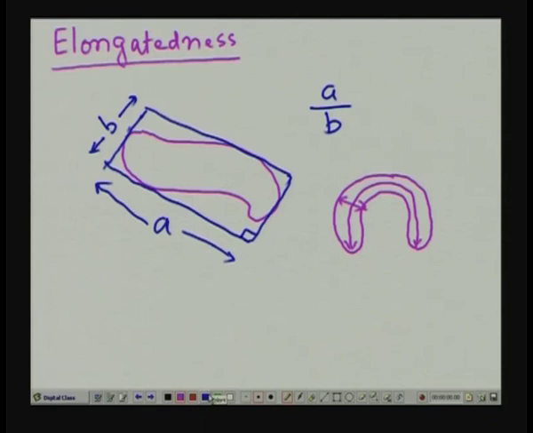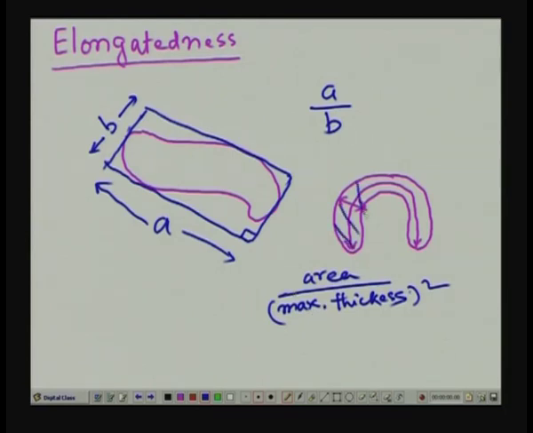It is defined as area by maximum thickness square. So, I find out the area of this curved region, I find out the maximum thickness, and area divided by maximum thickness square gives me a measure of elongatedness for such a curved region.